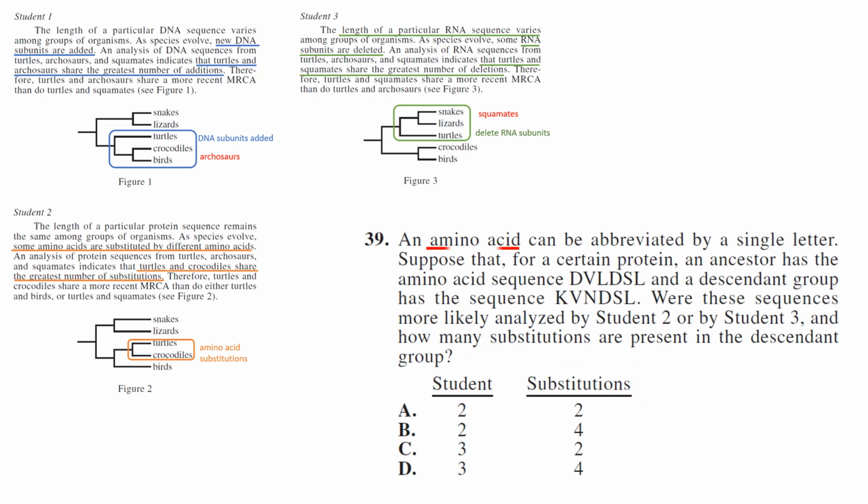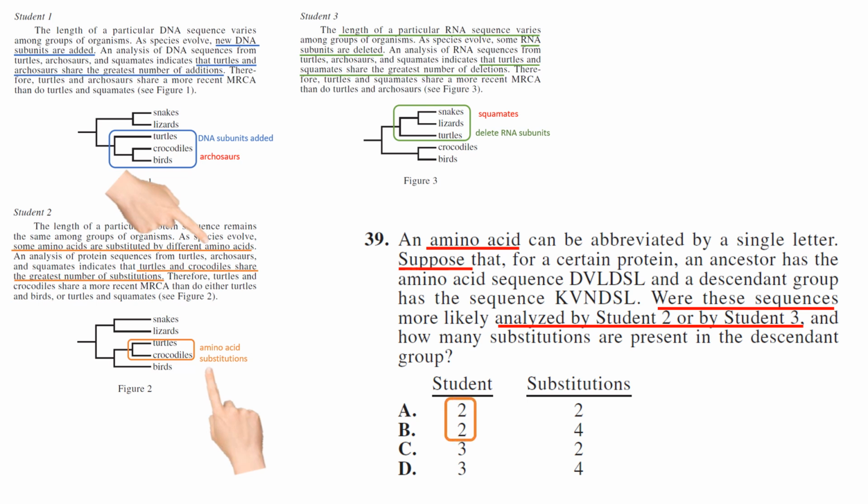Number 39, an amino acid can be abbreviated by a single letter. Suppose, to think about it a bit, for a certain protein, an ancestor has the sequence listed here, the descendant group has the sequence listed here. Were these sequences more likely analyzed by student 2 or 3? And how many substitutions were present? So the sequences were more likely analyzed by student 2 because student 2 did amino acids, where student 3 did RNA.